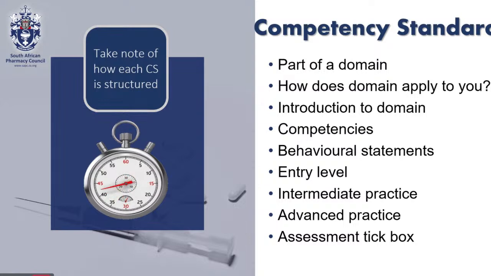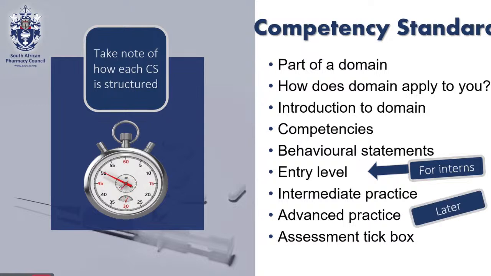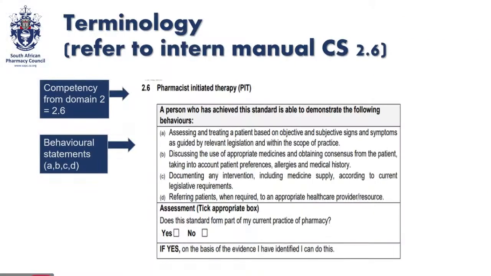I'm sure all of you have looked at your intern manual, so you have seen this. Entry level is for our interns, for the first 3 years of practice. Intermediate is 3 to 7, and advanced is more than 7. That is later on.